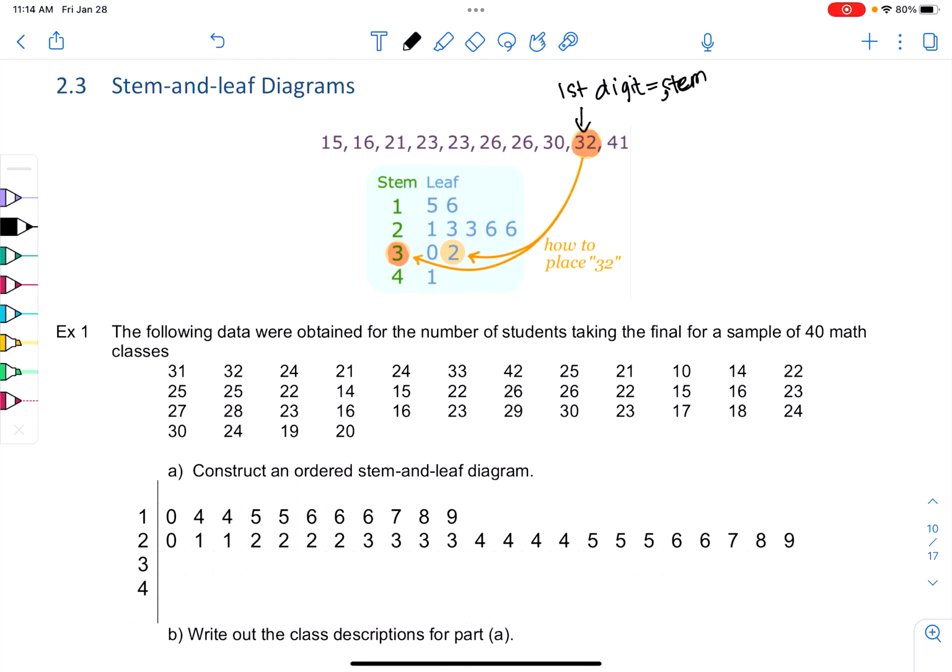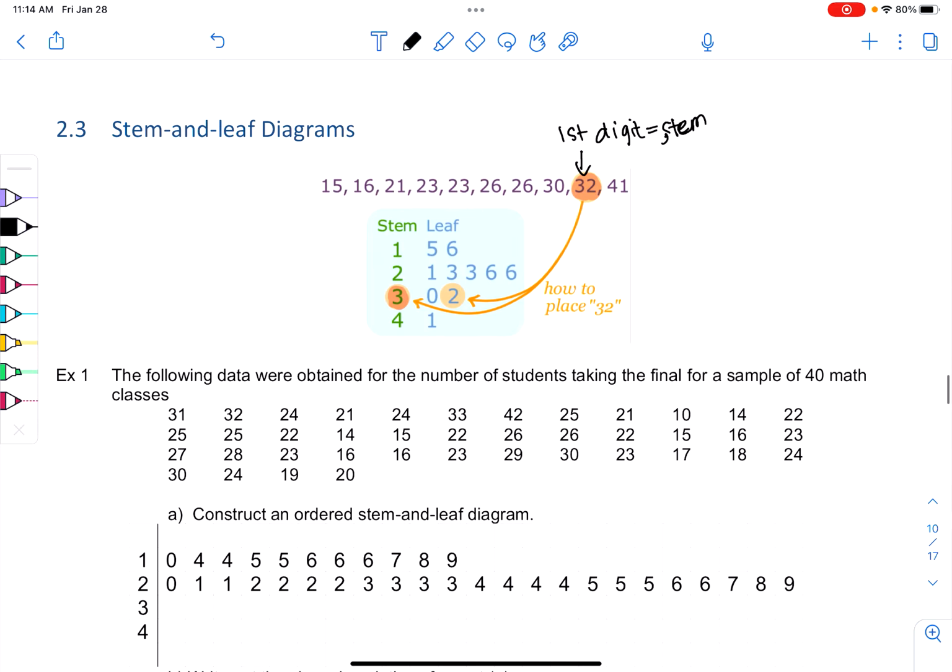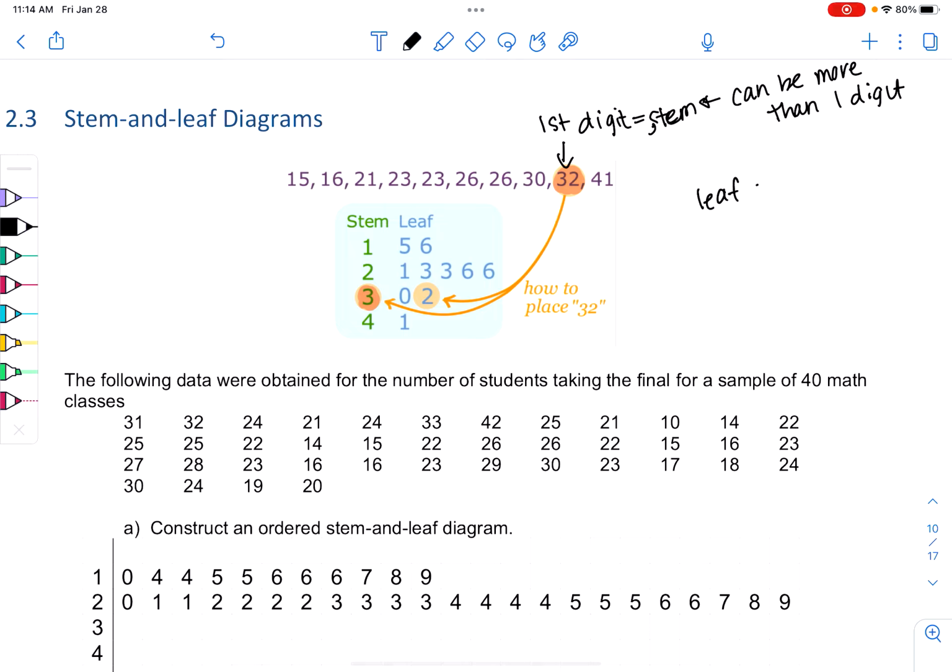And then the second digit will be the leaf. Sometimes we'll have more than one digit on the stem. So the stem can be more than one digit, but the leaf is always one digit. And we'll see this as we go through some examples.